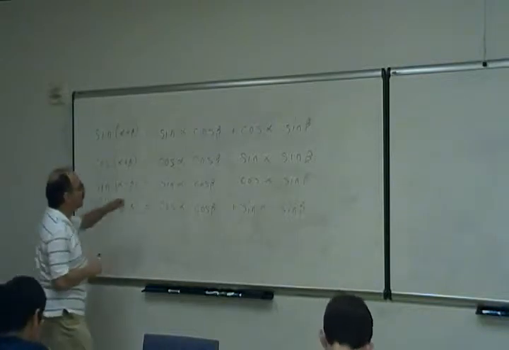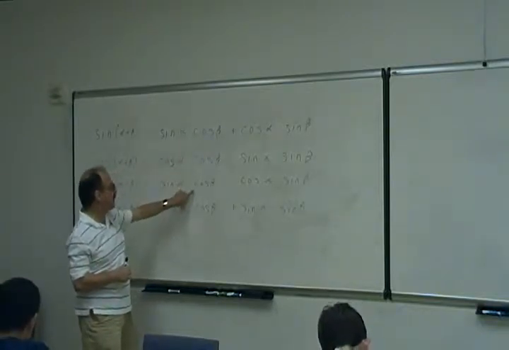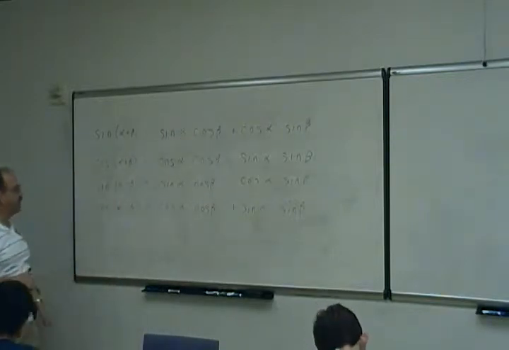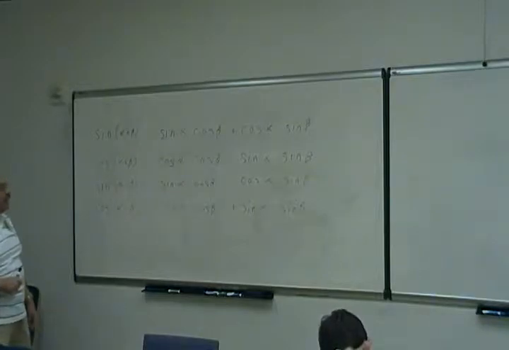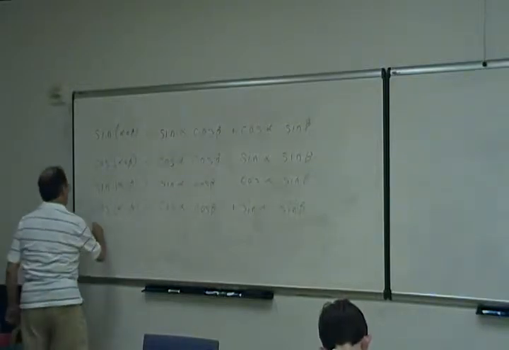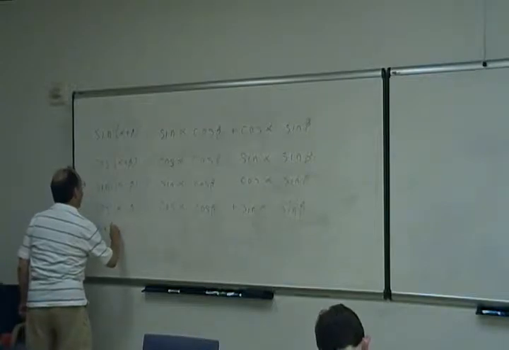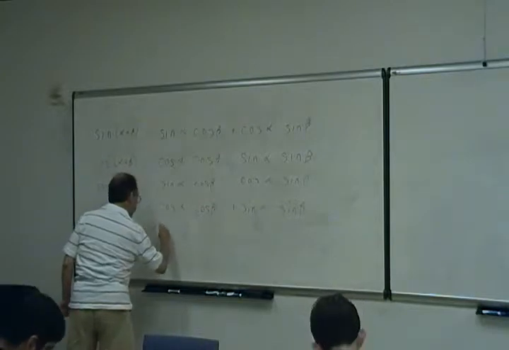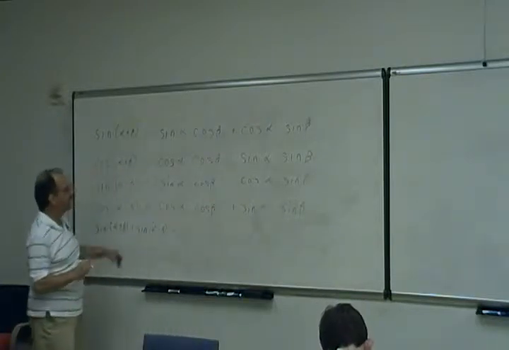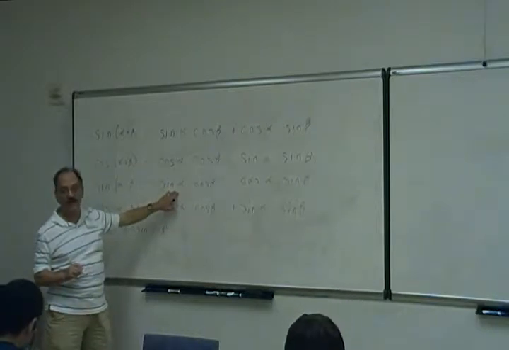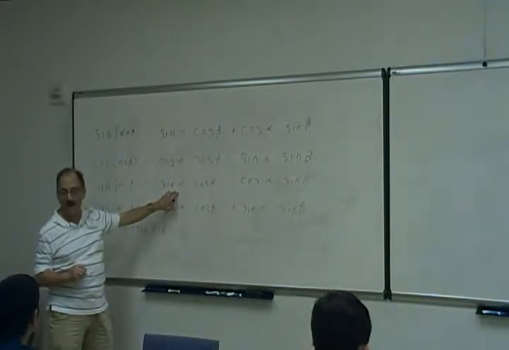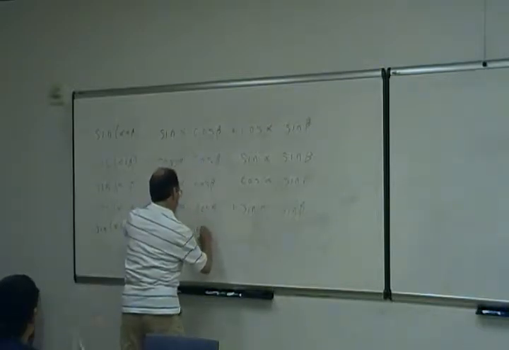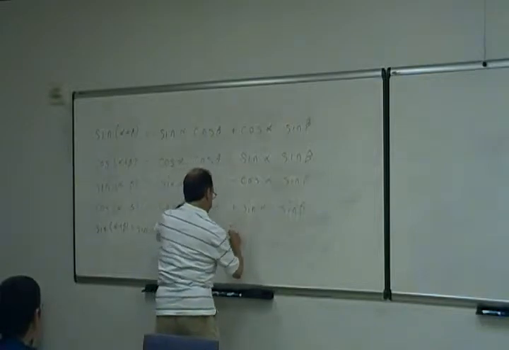All right, if you take a look at the right-hand side, you've got a sine alpha. These first and third ones, for sine of alpha plus beta and alpha minus beta, if I add them, sine of alpha plus beta plus sine of alpha minus beta equals... This piece and this piece are the same, so I write it down as two of them: 2 sine alpha cosine beta.